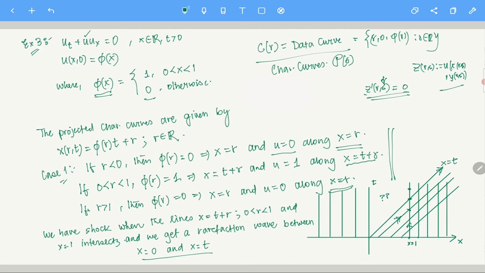So first things first, let's think of a shock curve, since it is emanating from x equals 1. Let me draw some pictures here. I hope this will be enough to convince you. This is x equals 1, the x-axis, the t-axis, and the shock curve starts from somewhere here.